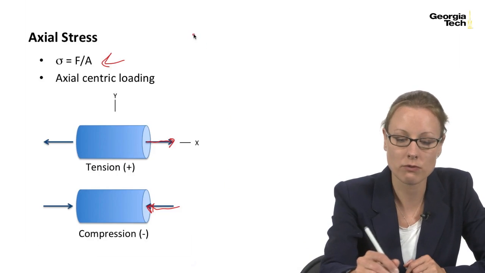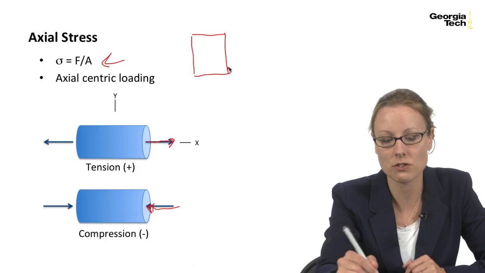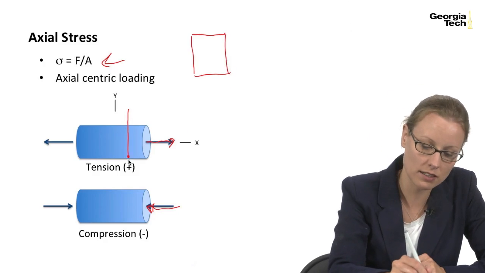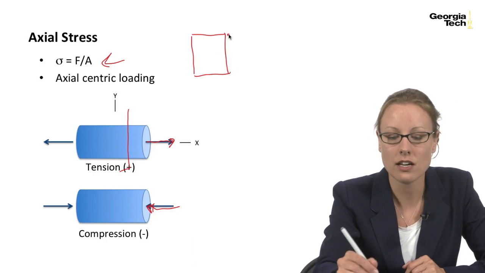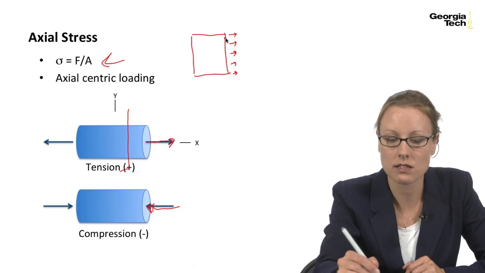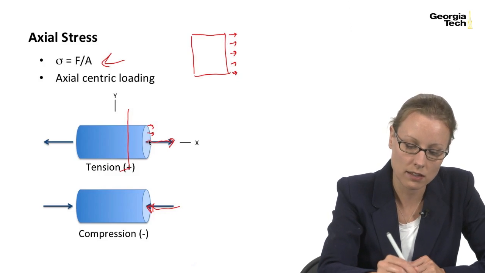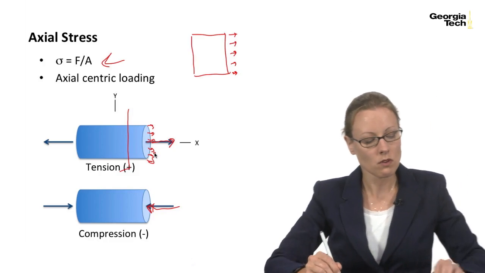And just a reminder, if we look at the distribution of stresses, if I were to cut this cylinder here, axial stresses are uniform in nature, so they would be the same value across the surface, like that.